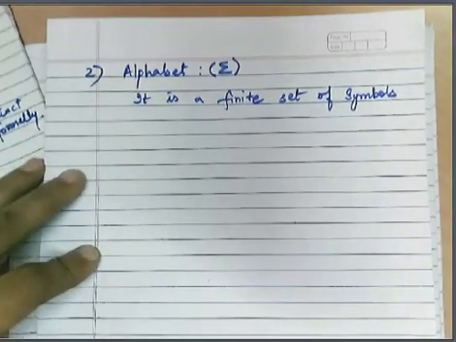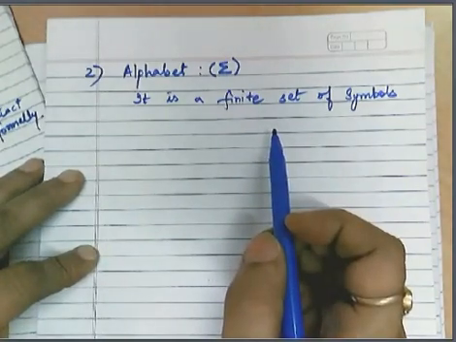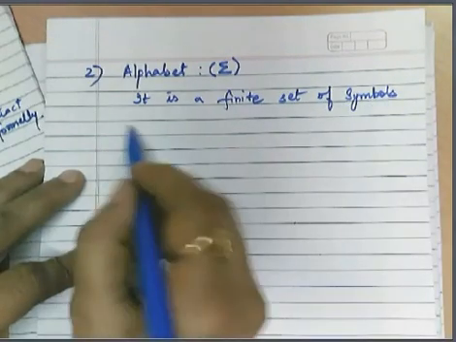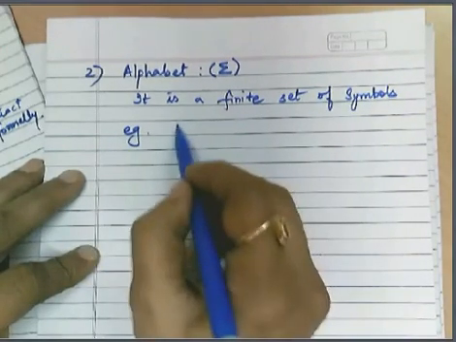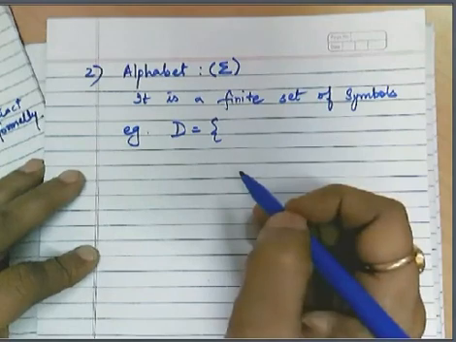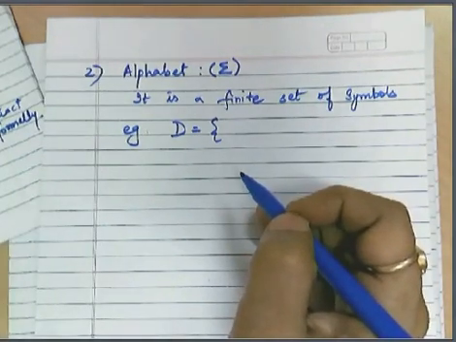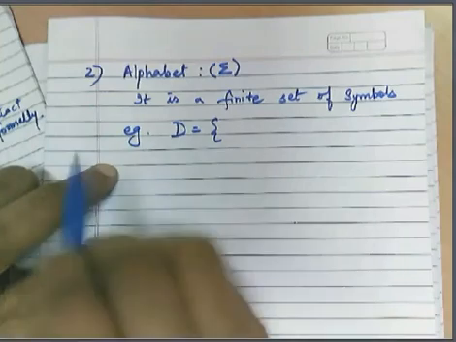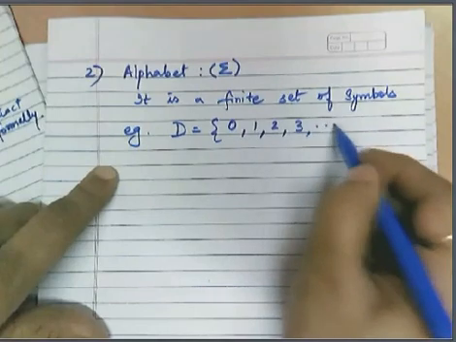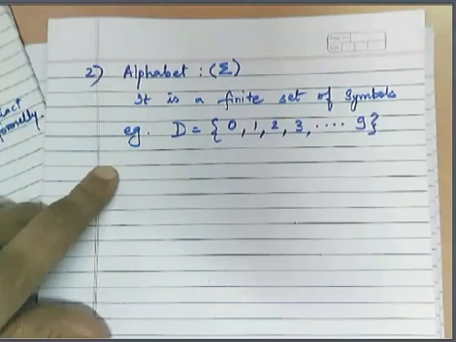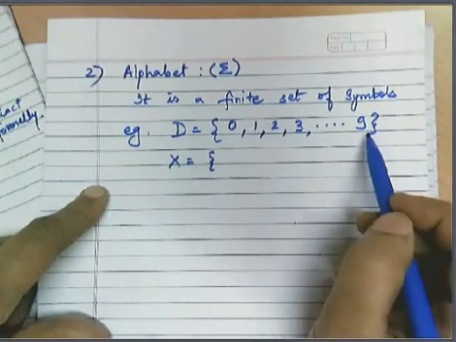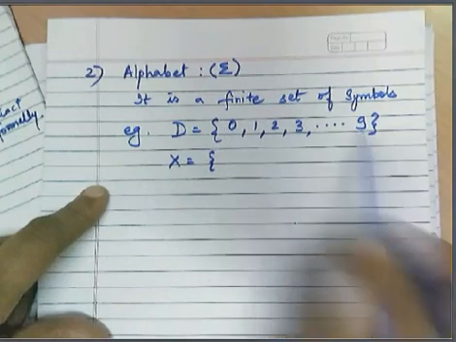As opposed to the alphabet in English, here we are saying it is nothing but a finite set of symbols. For example, an alphabet for a language can be represented by symbols like 0, 1, 2, 3. These are the digits set. Similarly, I can define any set, a finite set of symbols, where 0 to 9 are the symbols.